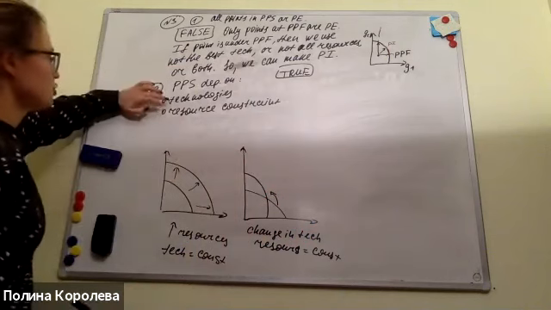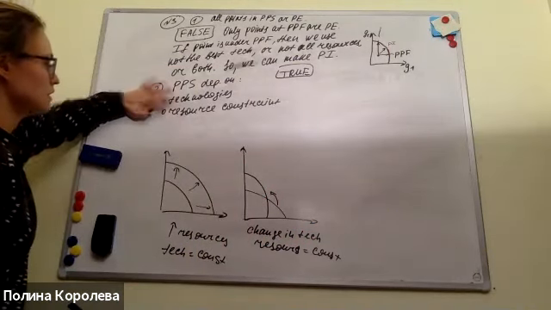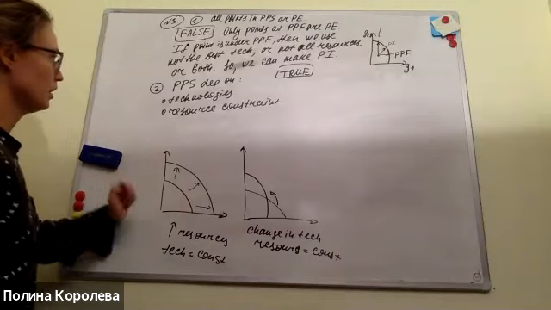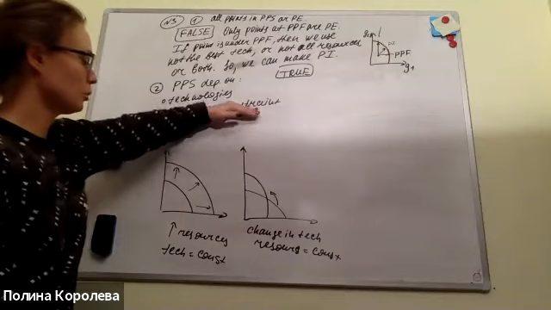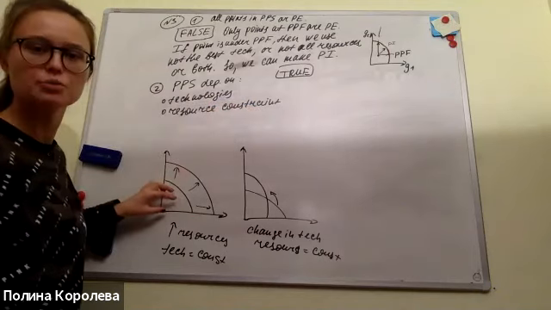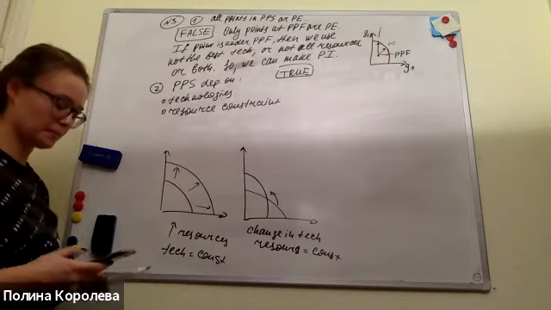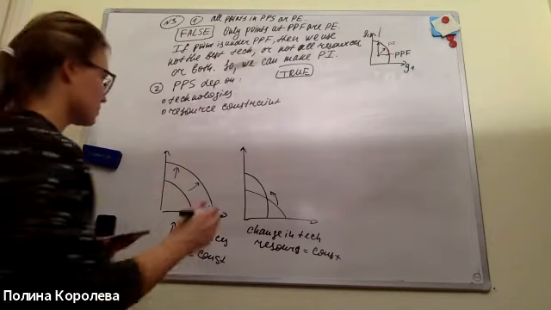So technologies give us the shape of the production possibility frontier, and the resource constraint will give us the size of the production possibility set. Let's write it down.